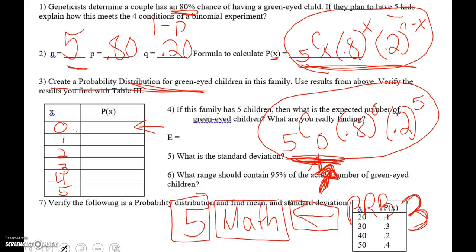So on your screen, you should see 5 nCr and then a 0. If that's not what you see, then you will see a box with the 5, the C, and a box with the R, which is 0.